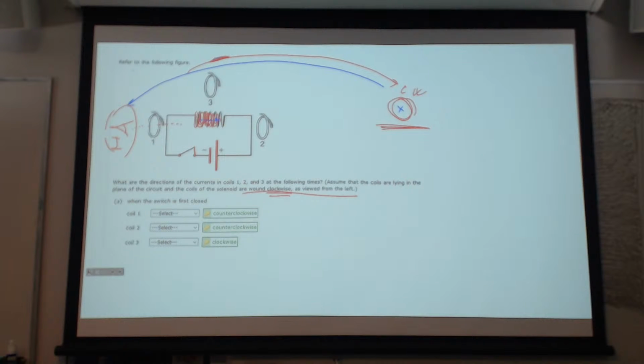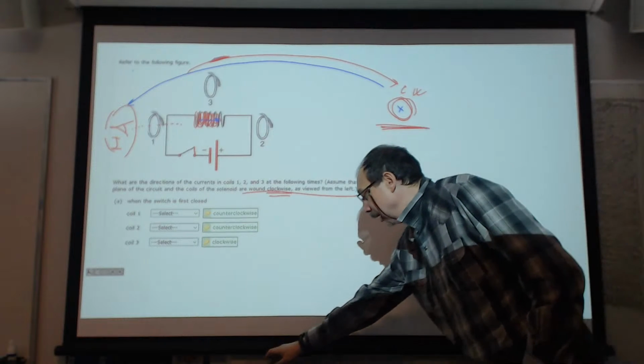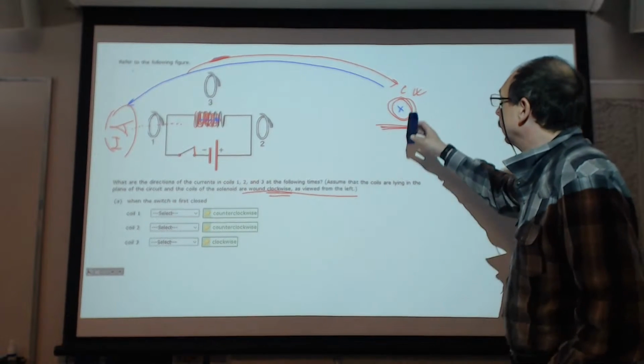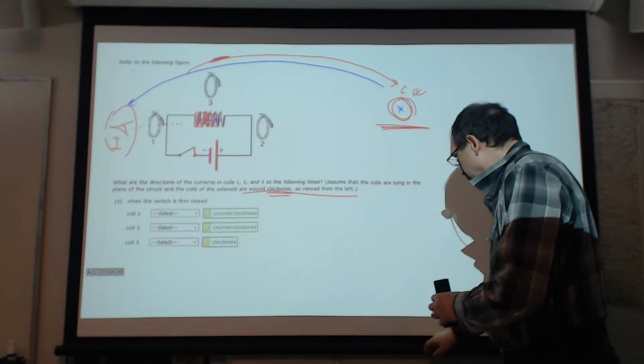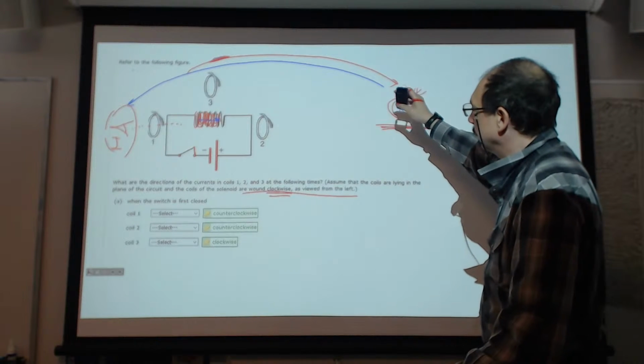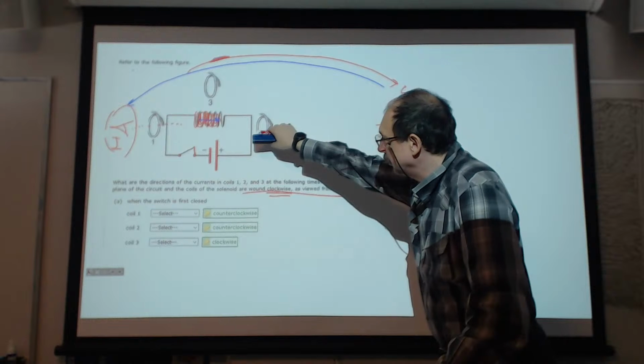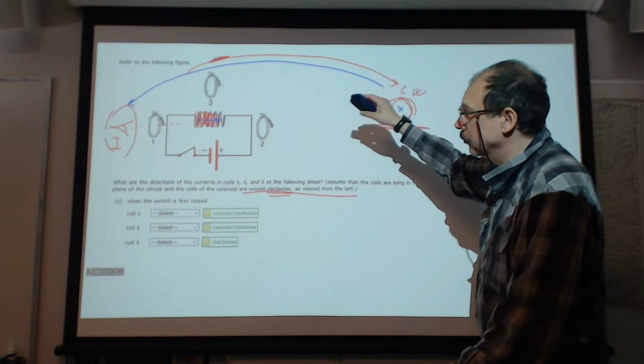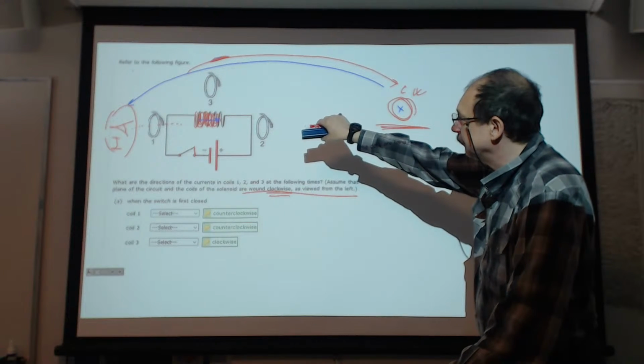That would be to the right, because what you can always imagine is, if this is a solenoid and this is an arrow, and you physically move the solenoid, the arrow is supposed to move with the solenoid.